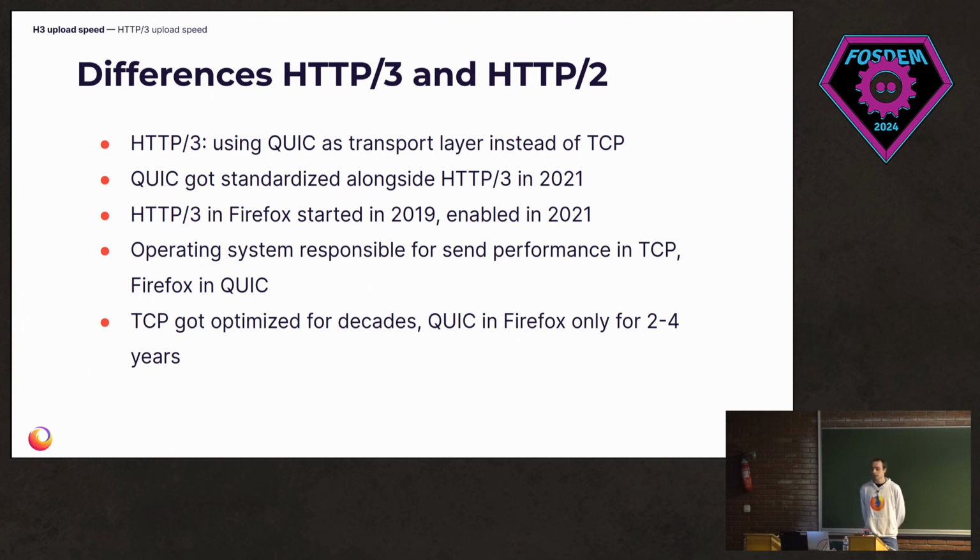The standardization was finalized in 2021, which is 2 to 3 years from now. And Firefox also included HTTP3 upload around that time in 2021. The work started in 2019, which is all relatively recent in comparison to TCP and HTTP2. HTTP2 is around a decade old now.